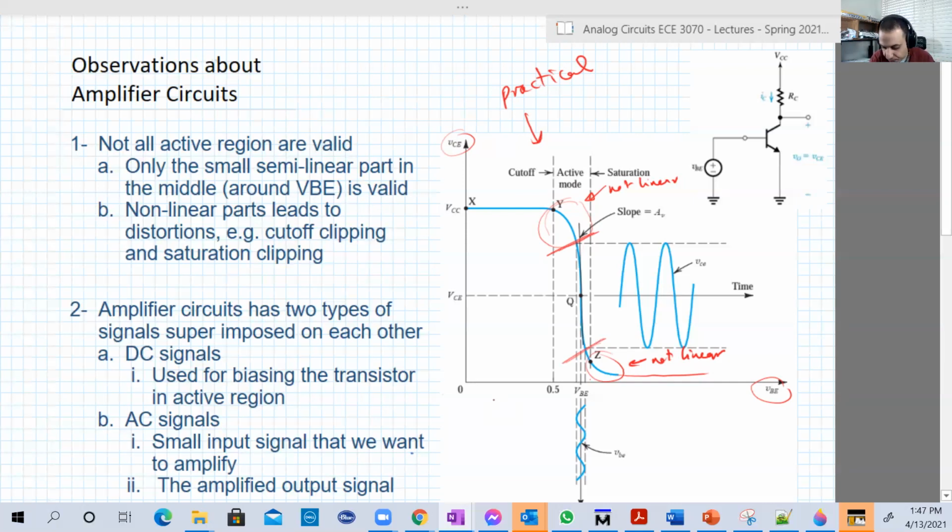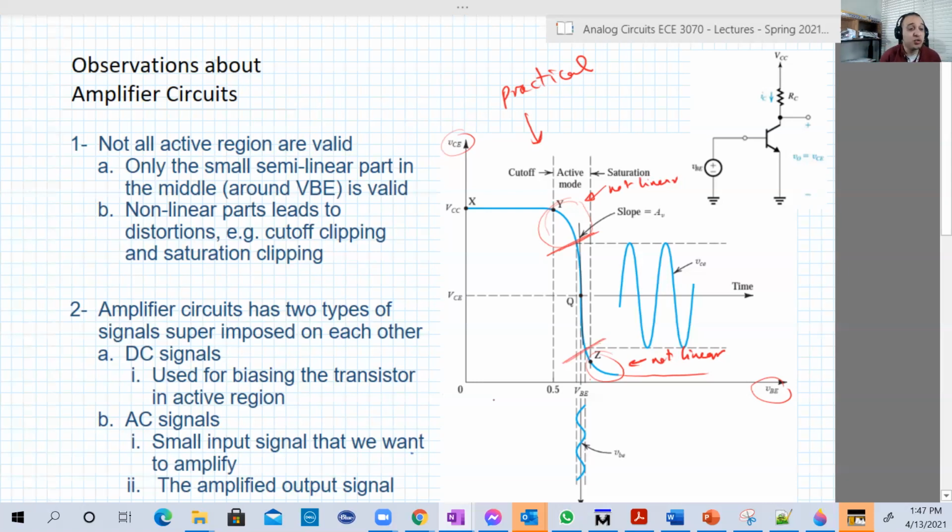This very small range in the active region is the only part where we can use the transistor as an amplifier. But it was enough for us.